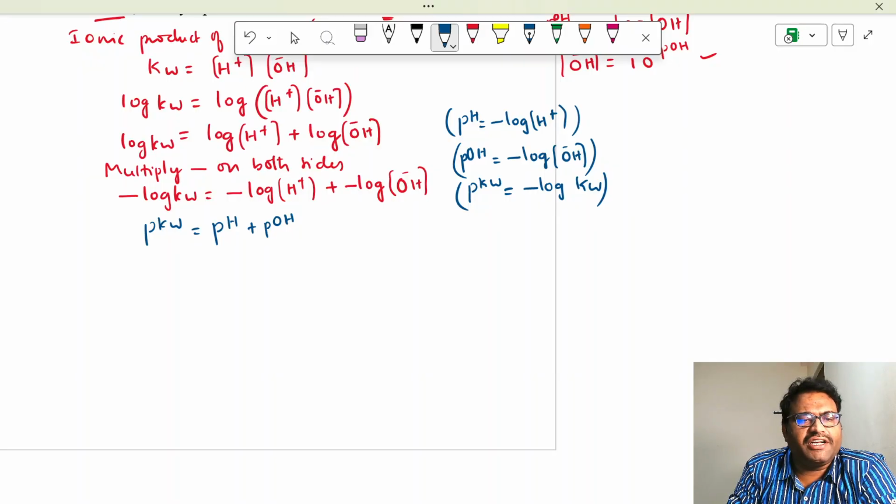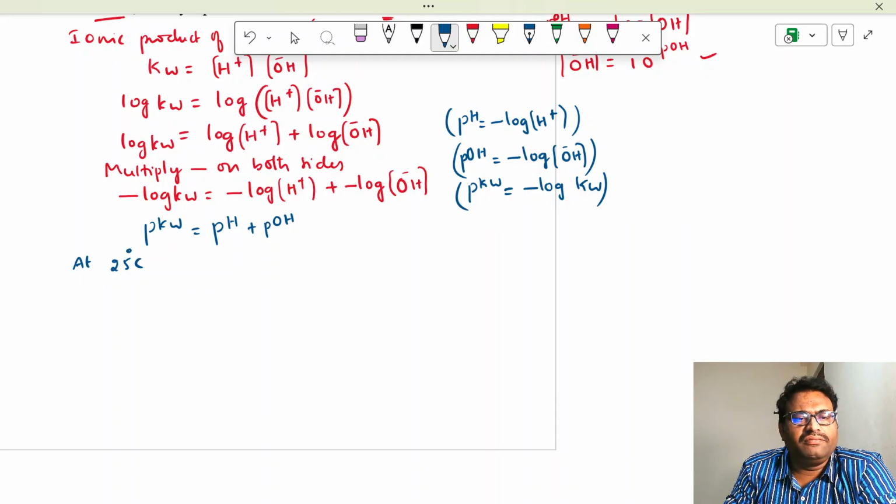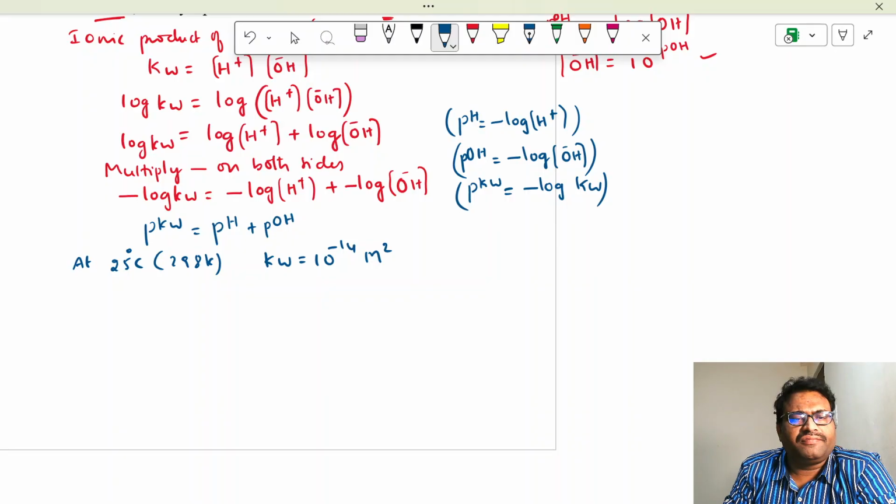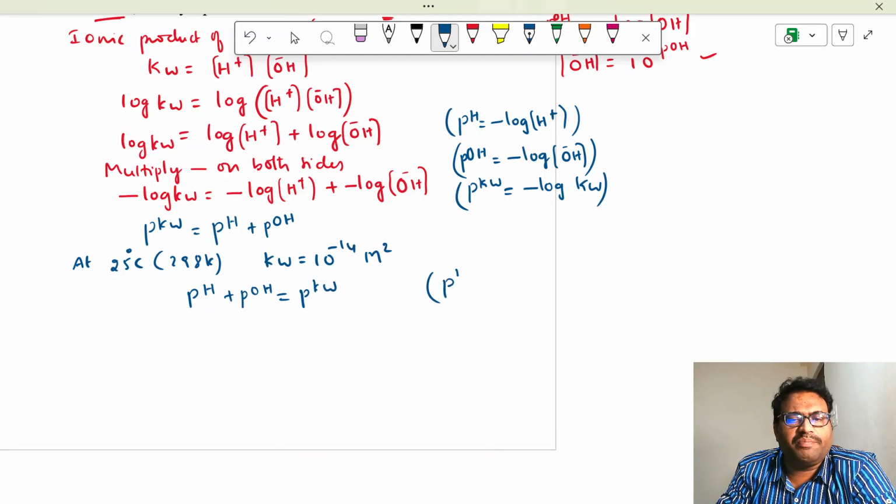But at 25 degrees centigrade, that is 298 Kelvin, we know that Kw is equal to 10 power minus 14 mole square per liter square. We have studied that pH plus pOH is equal to pKw, and pKw is equal to minus log Kw base 10.